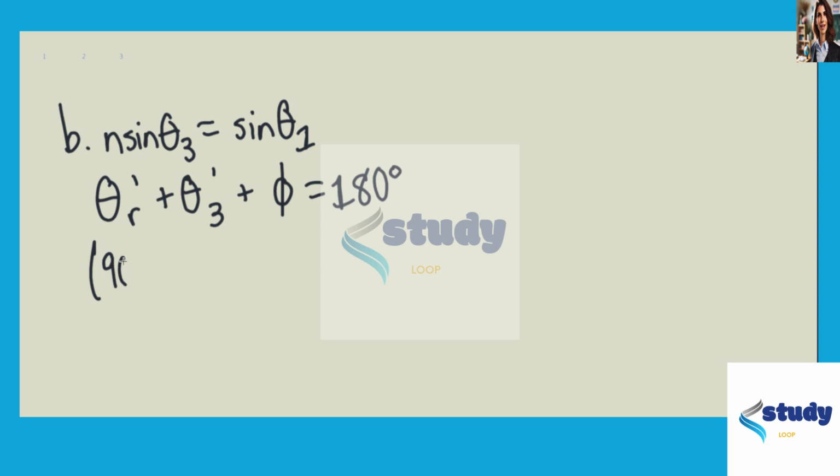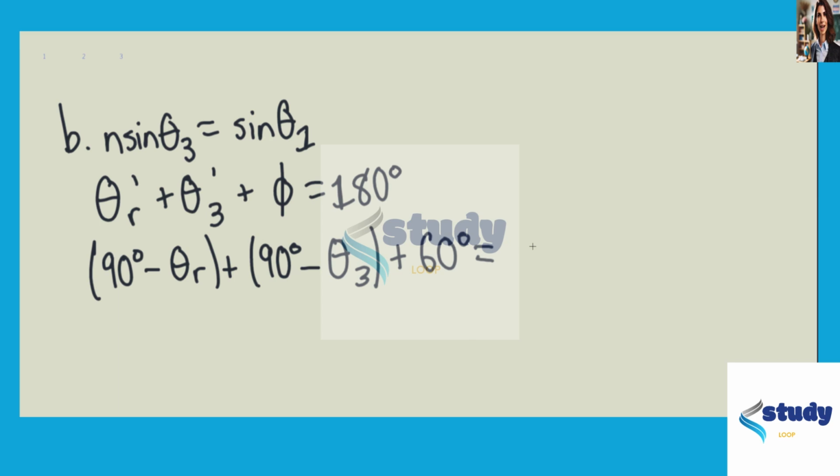And we can say 90 degrees minus theta sub R plus 90 degrees minus theta sub 3. My apologies, this would be minus as well. And this would be plus the apex angle of 60 degrees. This is equaling 180 degrees.